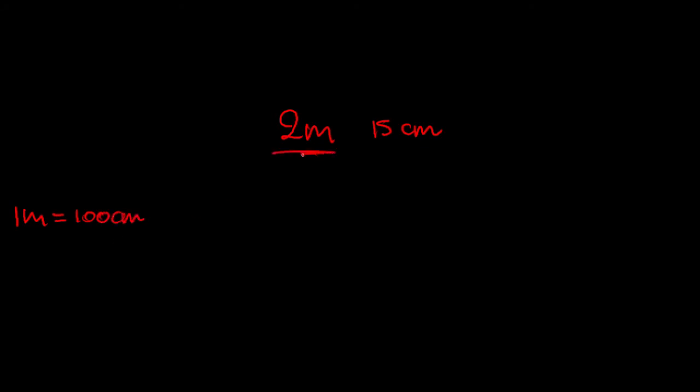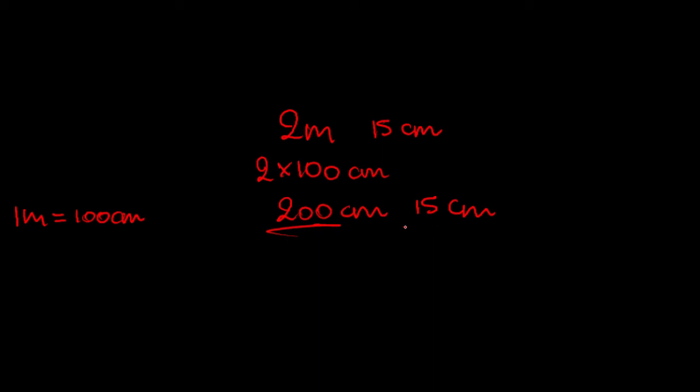Then 2 meters is equal to 2 into 100 centimeter. Then this answer will be 200 centimeter. Right. Now we can add the 15 centimeter. So 200 plus 15 is 215 centimeter. We will add the unit as centimeter only. So this is our answer.